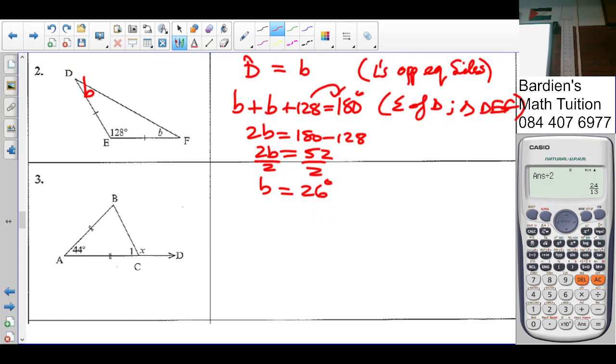Since DE is opposite angle F, and EF is opposite angle D, angle D was also lowercase b. Then I can say angles opposite equal sides. Then we used the fact that angles in a triangle add up to 180. So b plus b plus 128 is equal to 180, sum of angles in triangle DEF, and I solve the equation.